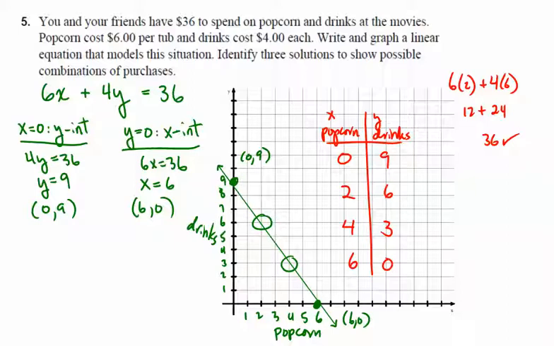And if we wanted to test the 4, 6 times 4 plus 4 times 3, so that would be another 24 plus 12, which is also 36. So those all work there. So the valid solutions would be listed in the table there. Alright, so that's going to do it for the homework problems, and we will stop these videos at this point.